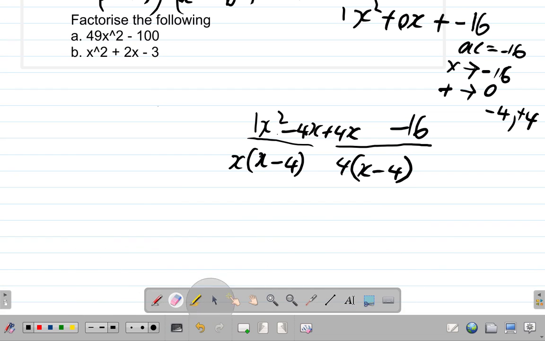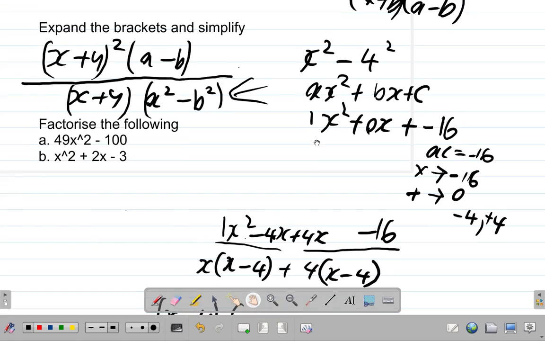So then, what do you do? It's a plus 4. Take the x minus 4 as a common factor, just like you did earlier. Take it out as a common factor, so you have x minus 4. Inside the bracket now you have x plus 4. So it's x minus 4, x plus 4. So it works with the AC method.